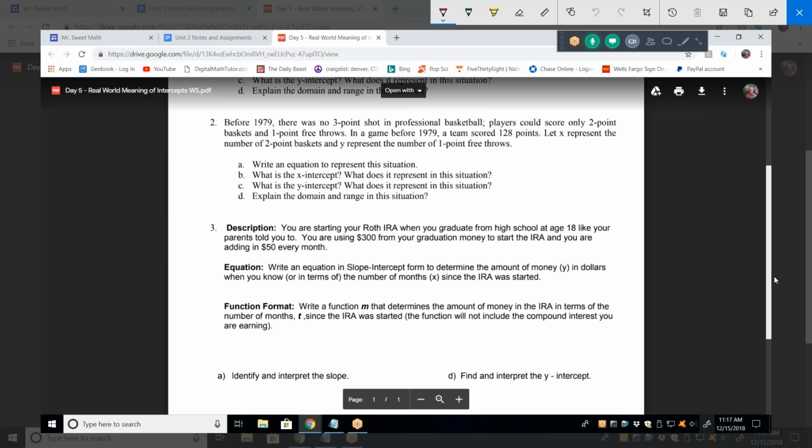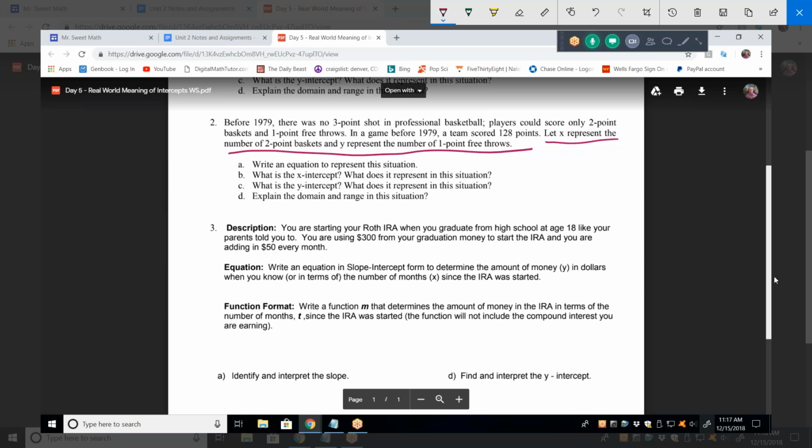Well, where do you go to figure out your variables? You go to the last sentence of the word problem. Seriously. Now, they're making it easy for you here because they're telling you what your variables should be. Usually, that last sentence would say how many 2-point baskets and how many 1-point free throws were made.